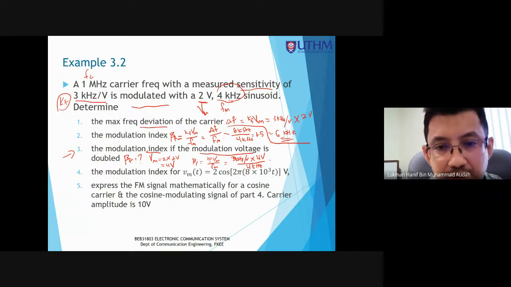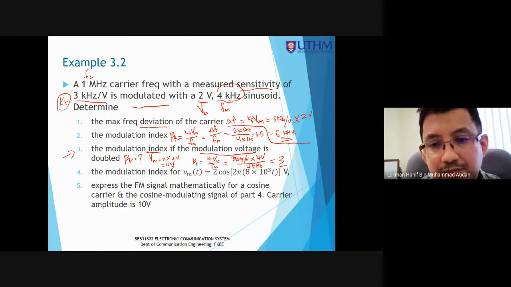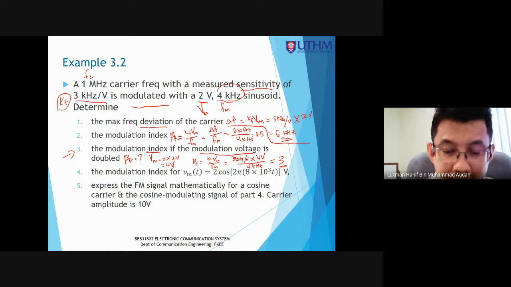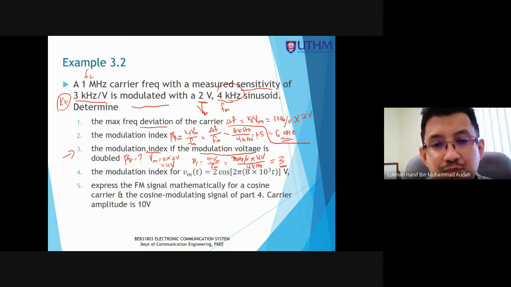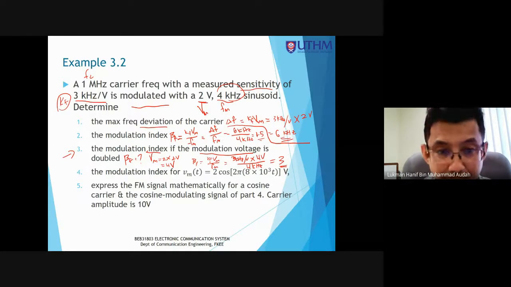So 12 divided with 4, so this becomes 3. Nampak, so jawapannya adalah 3. So that means if you double the modulation voltage, the modulation index will be double as well. Nampak tadi daripada 1.5 dia jadi 3. So dia berkadar terus dengan perubahan modulation voltage ataupun Vm.